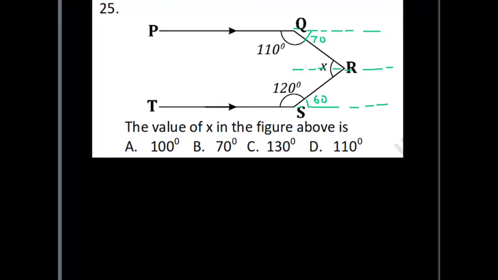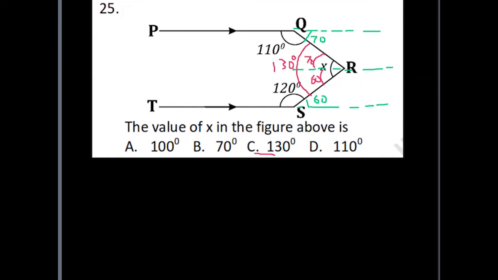So 70 is alternate to this, and 60 is also alternate to this. In total, 70 plus 60 is 130, which means angle x is 130 degrees.